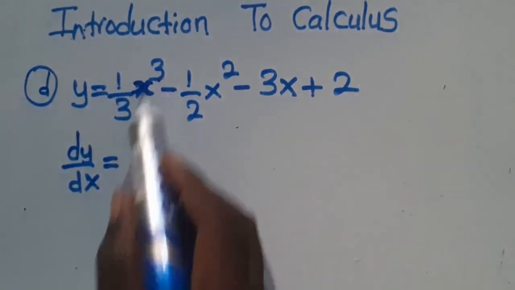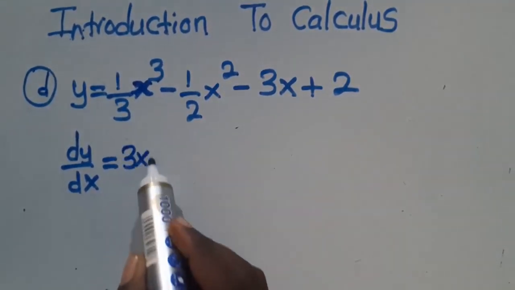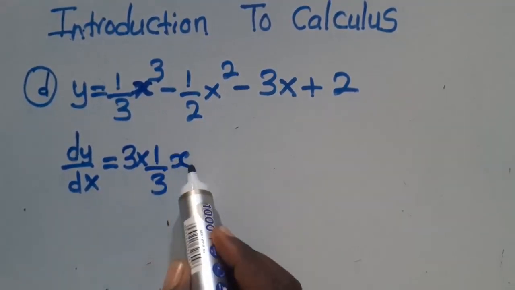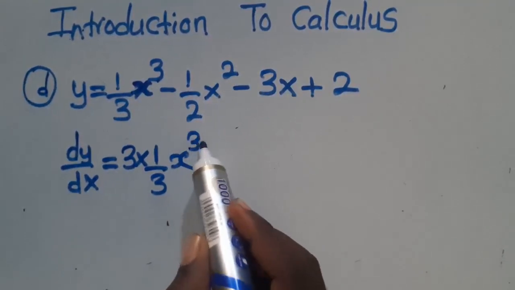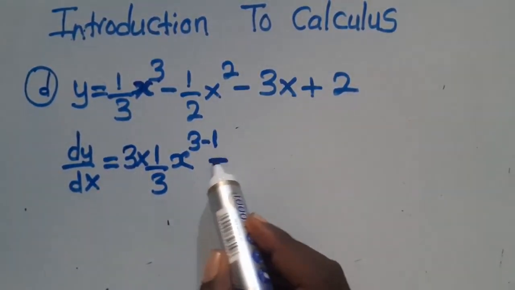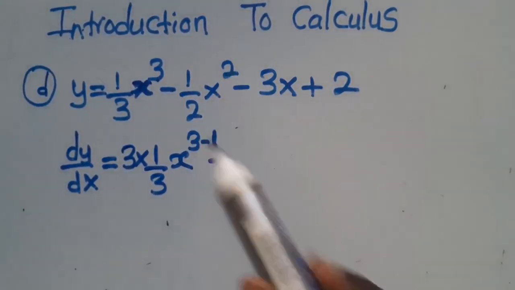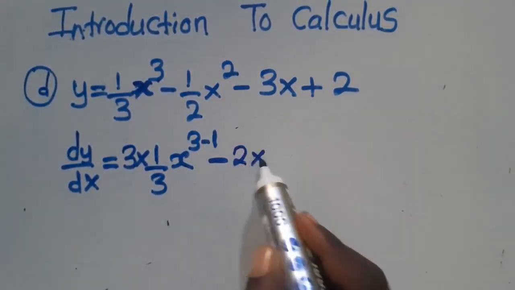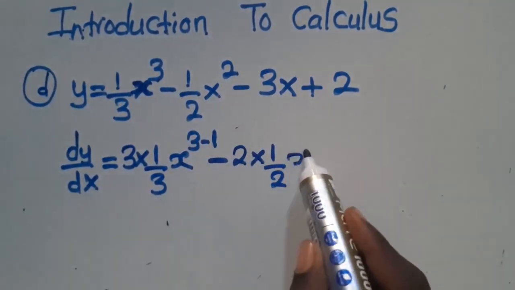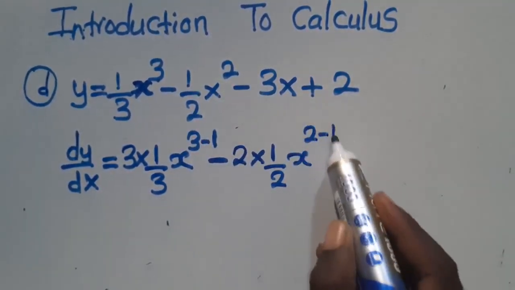The power is 3. 3 times the coefficient 1 over 3. The variable is x. From the power, you say 3 minus 1. This is what is happening. You say minus. You move to this point. 2 times 1 over 2. The variable x. Then from 2, you remove 1.